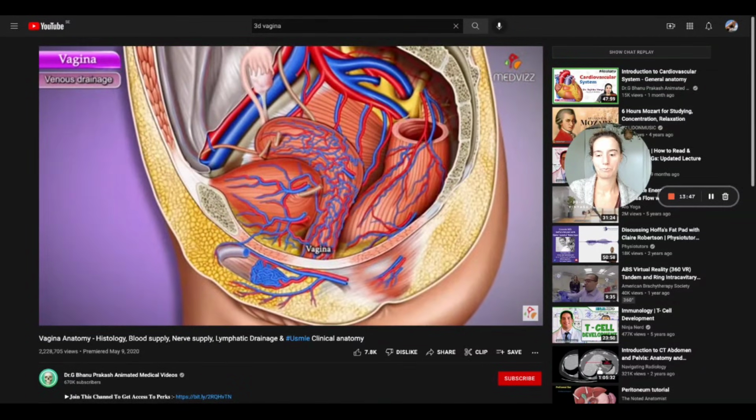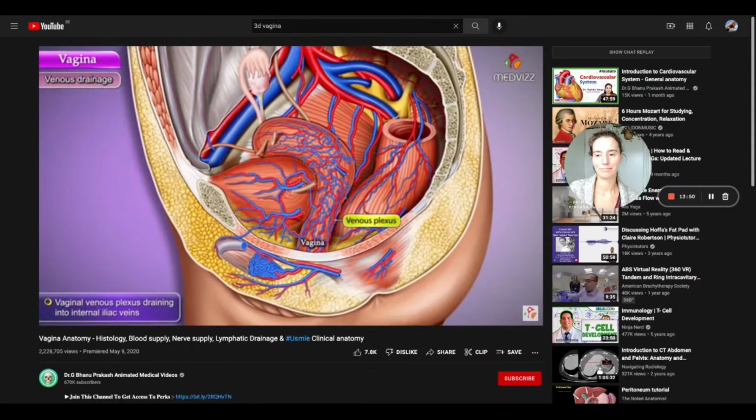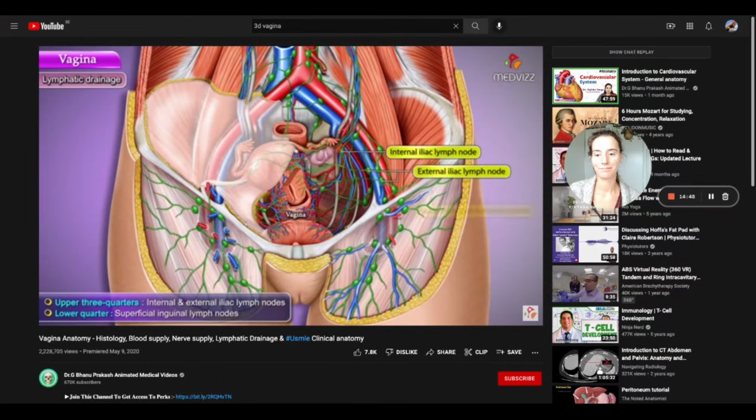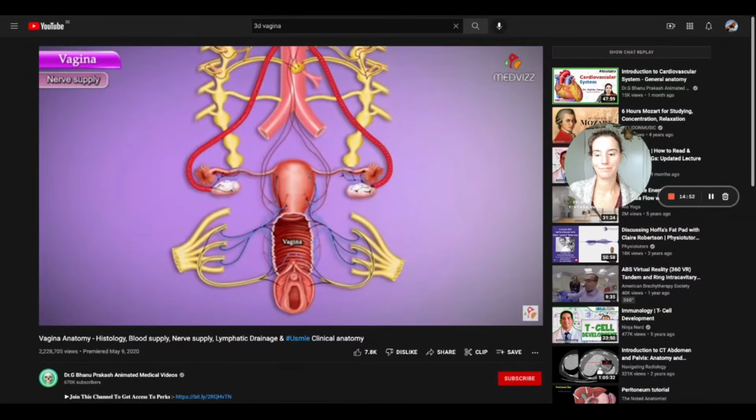Venous drainage is by the vaginal venous plexus draining into the internal iliac veins. Lymphatic drainage. Upper three quarters by the internal and external iliac nodes. Lower quarter by superficial inguinal nodes. Nerve supply.